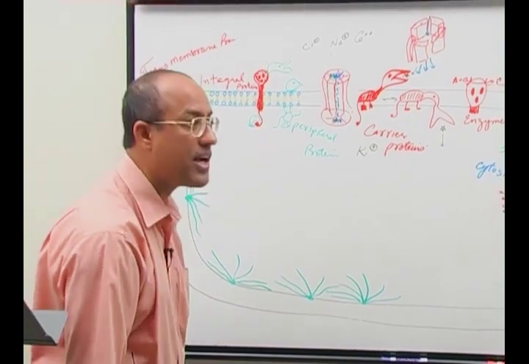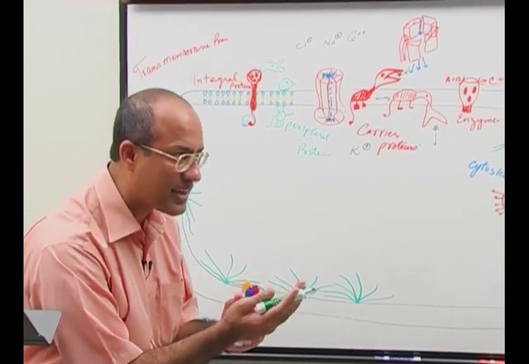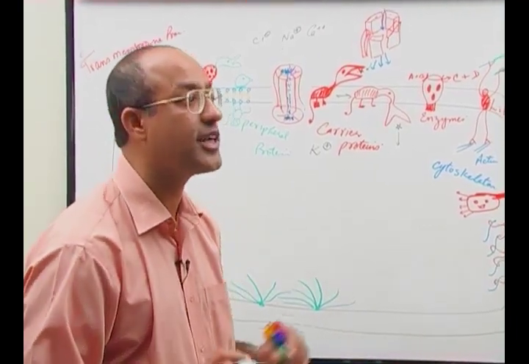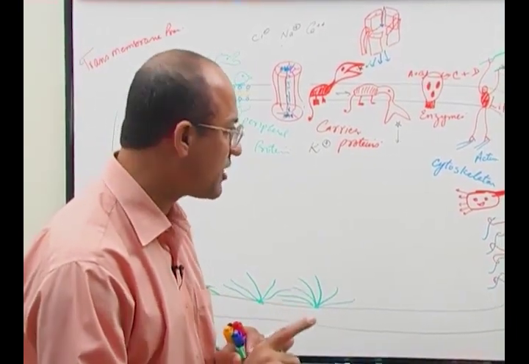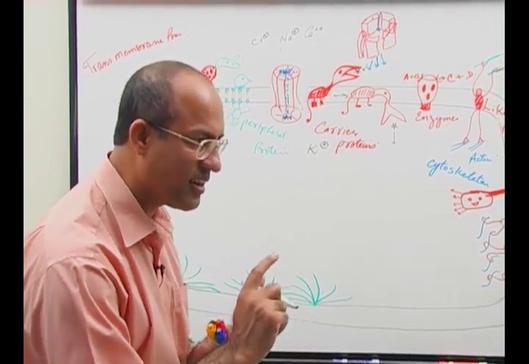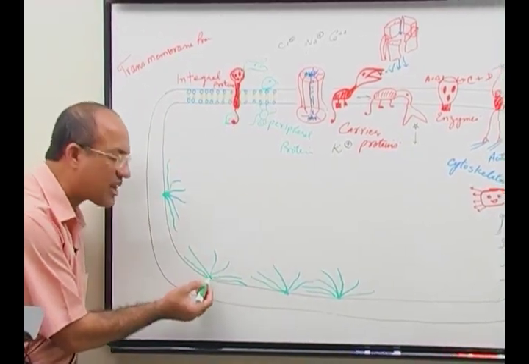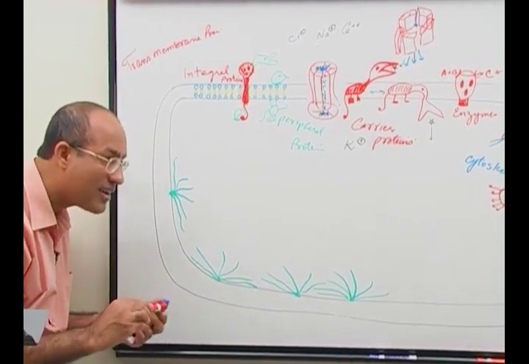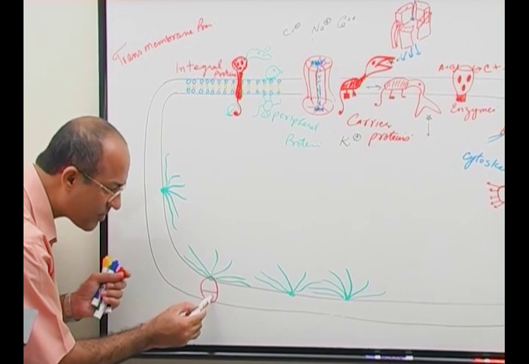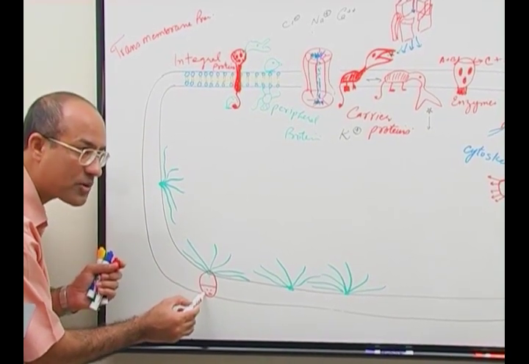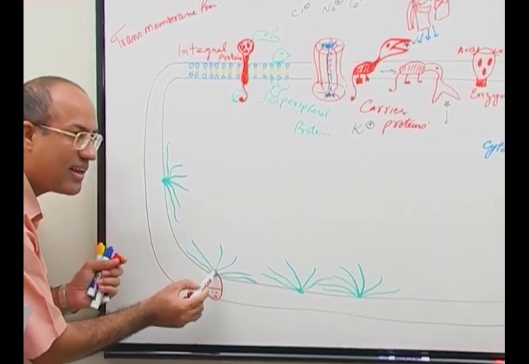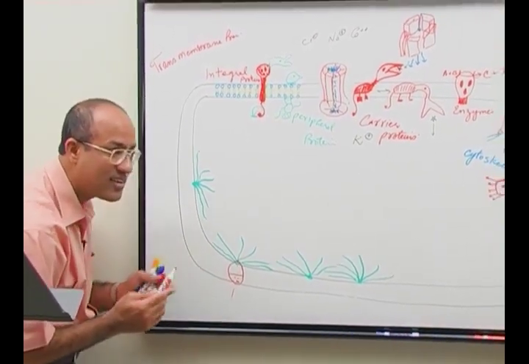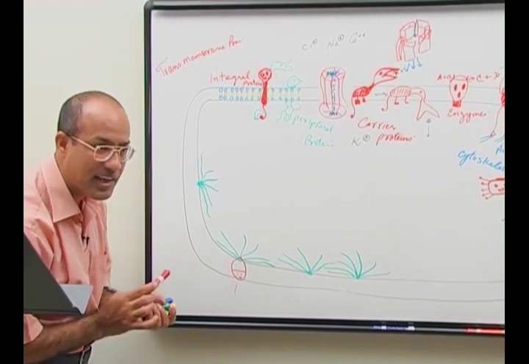So many of the peripheral proteins attached to the inner aspect of the membrane are components of the cytoskeleton. Even so, a cytoskeleton protein, which is a peripheral protein, may be associated with a linker protein, which may link the cytoskeletal peripheral protein with the extracellular matrix.